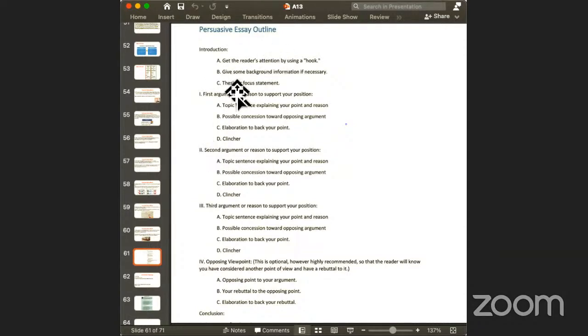So this is what you want to say. The example that we've been using is dogs are better than cats. That's an example of a thesis statement. Then you have to think of your three arguments, right? Why you are saying, for example, dogs are better than cats. And you should have a topic sentence explaining your point and reason.